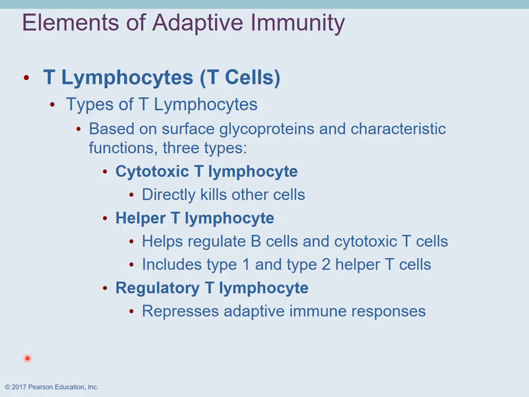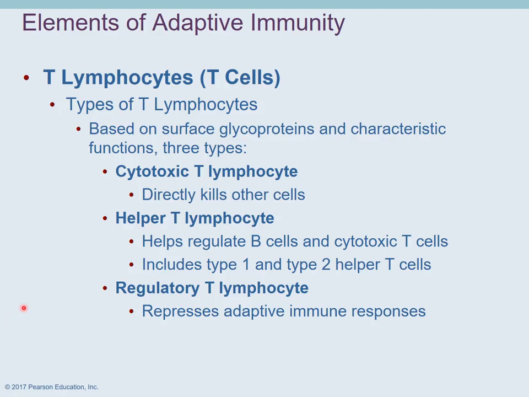So this is where you see that overall you have the adaptive immune response, which is subdivided into the cell-mediated, which are the T cells, and then the humoral, which are the B cells. The helper T cells are the link between cell-mediated and humoral. Why? Because the T cells are activated first, and then the helper T cells will activate, or turn on, the B cells.